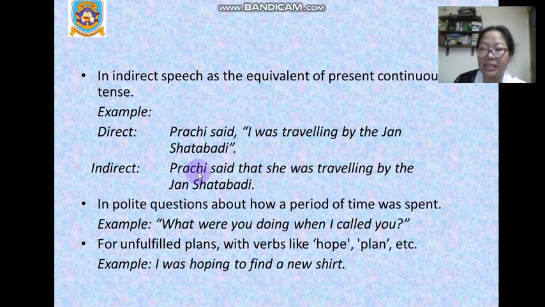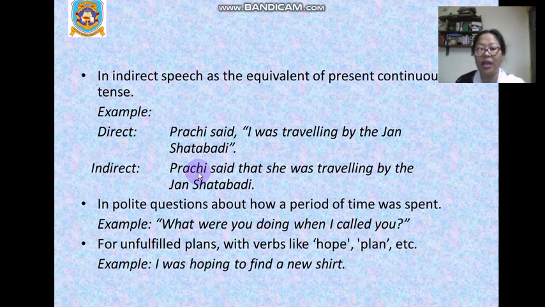Look at these sentences. In direct speech, what do you say? Prachi said, I was traveling by the Jan Shatabdi. If we change it to indirect speech, it will be Prachi said that she was traveling by Jan Shatabdi. So in both the sentences, we use past continuous tense.